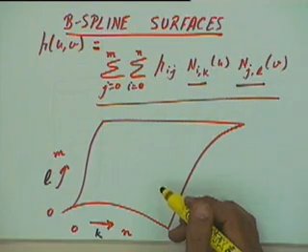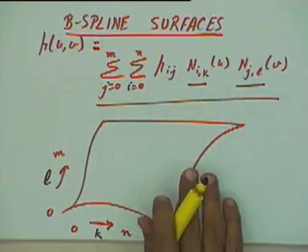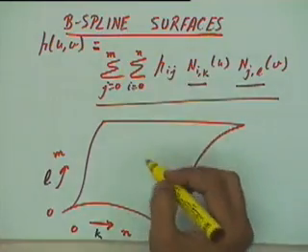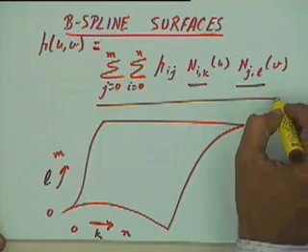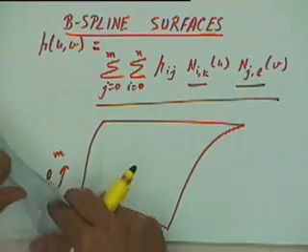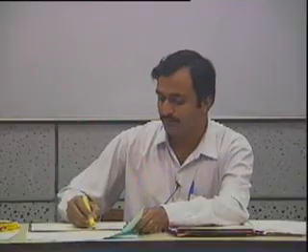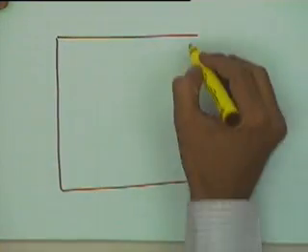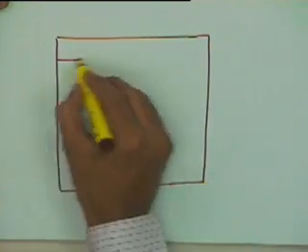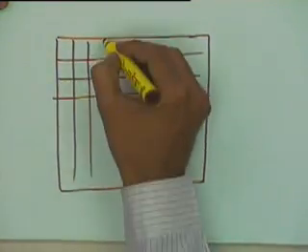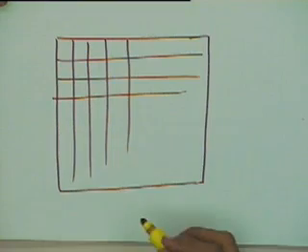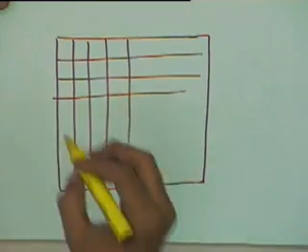We won't go into details of these surfaces. The basic idea behind these surfaces is that these surfaces are essentially giving us an array of surface patches. We get an array of surface patches like this.